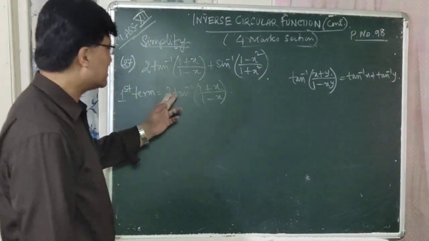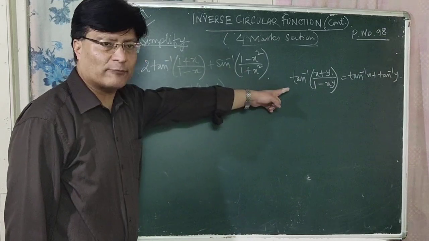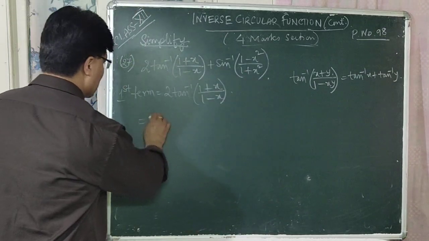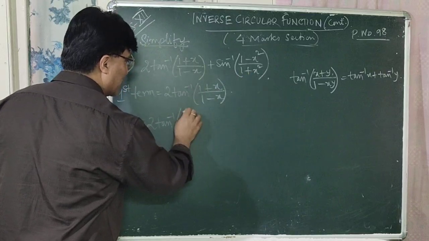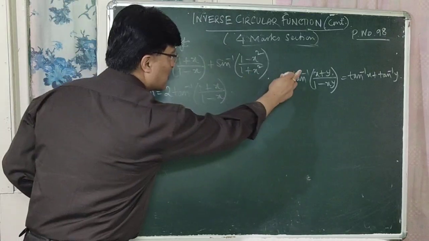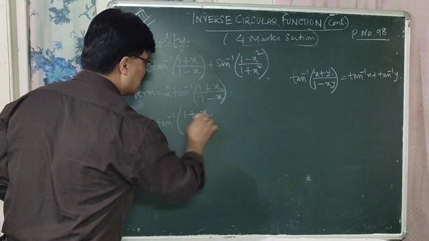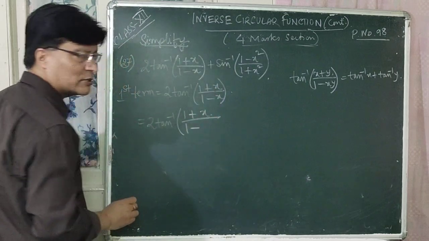So now let us change this expression into this formula form. It is equal to 2 tan inverse, instead of x here it is 1, plus instead of y here it is x, divided by 1 minus xy.